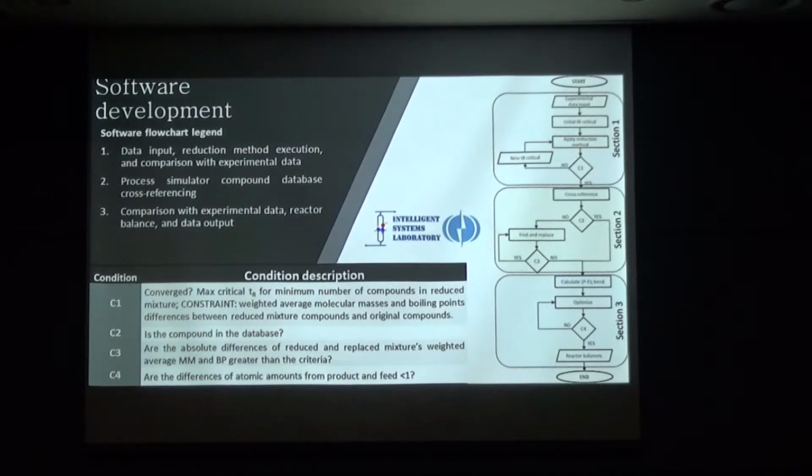And you will remember why this is important from the previous slide. In the end, it compares with experimental data and performs reactor balance by keeping the reduced mixture fixed and slightly varying the composition of solid and gaseous product within some normal experimental ranges.